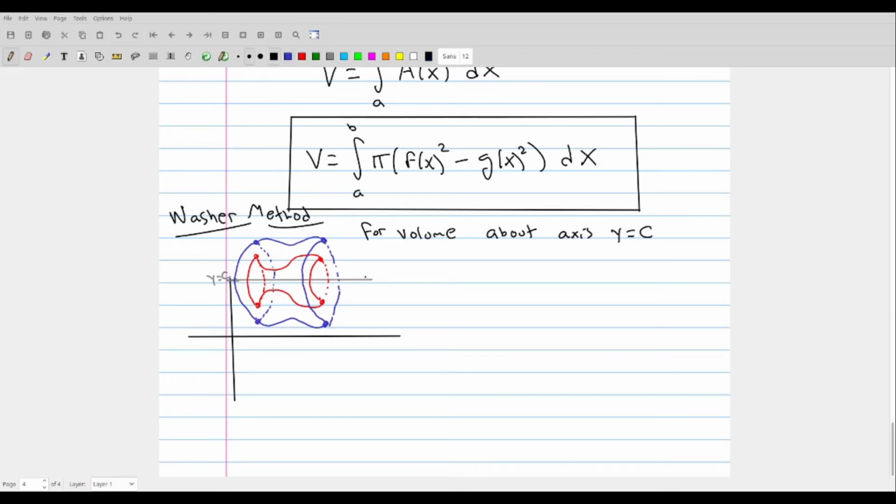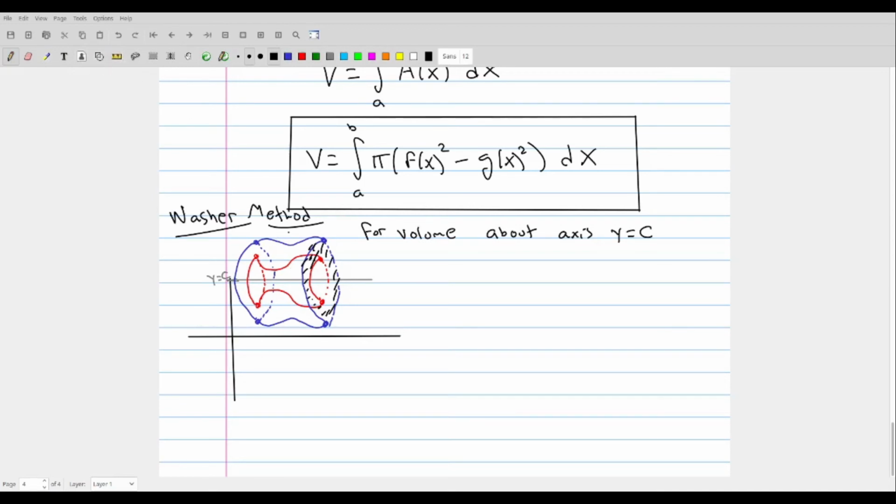You still have a washer shape for a cross section, and now the only thing that changes is that the radius has changed. The radius, just like before, for when we took the volume of revolution around a new axis, is now going to be c minus the function.